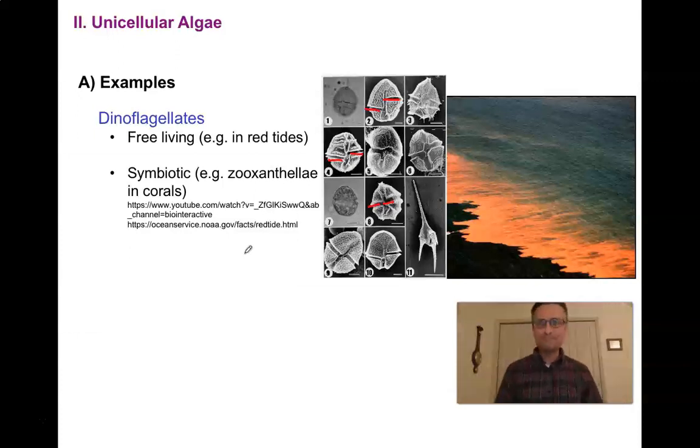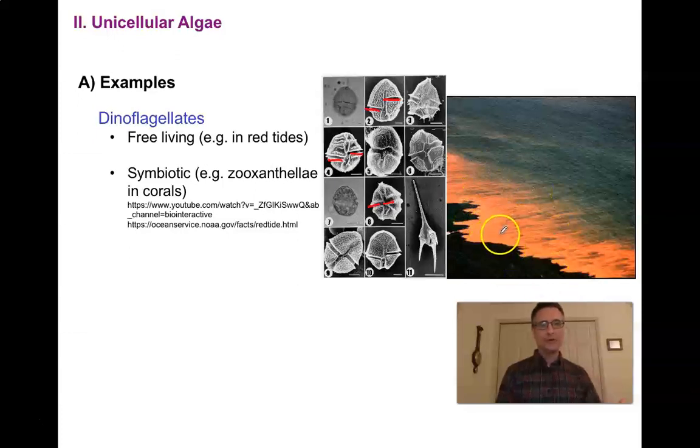Okay. Now, there are lots of dinoflagellates in the world, but just to give you an example of some that might be relevant ecologically and economically. One very particular important group of free-living dinoflagellates happens to cause what's known as red tide. And so if they become overabundant in certain marine environments over here, the tide can actually turn red.